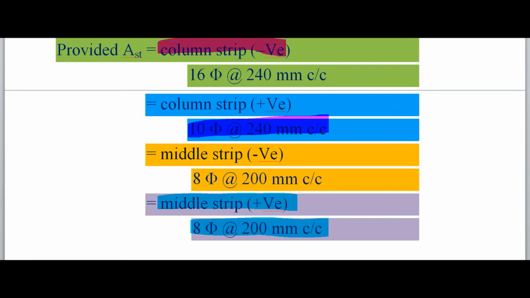So the design is completed along the long span as well as the shorter span for the flat slab.